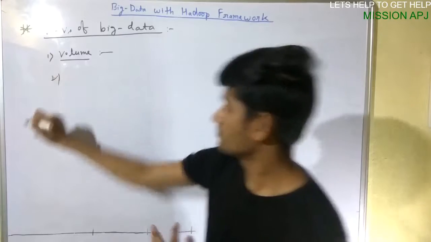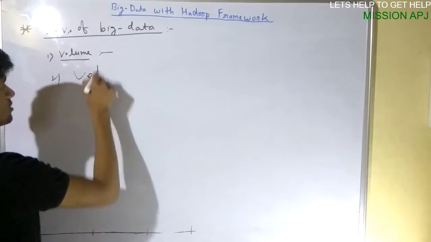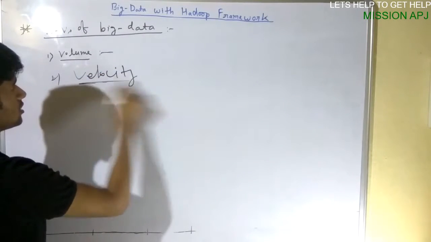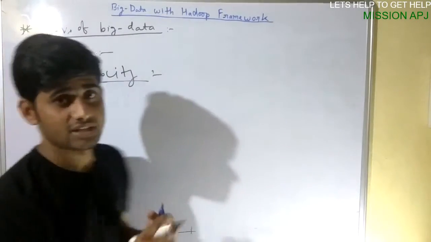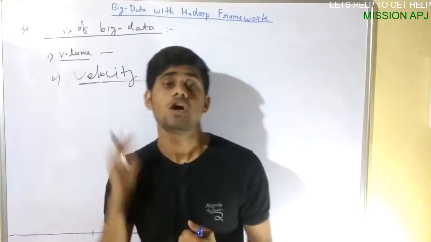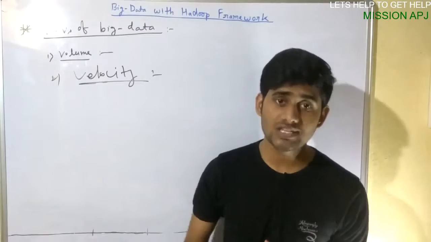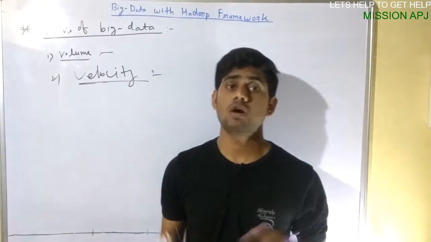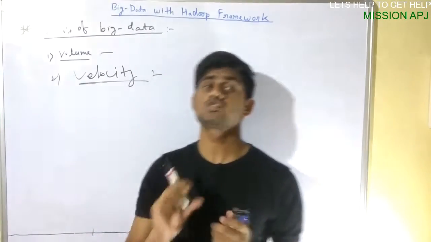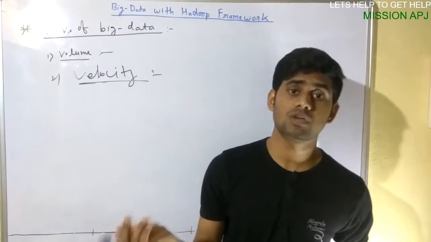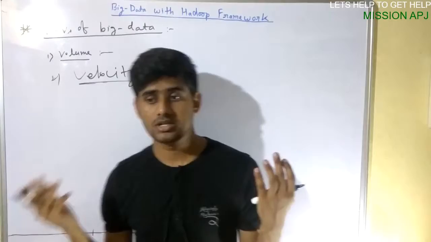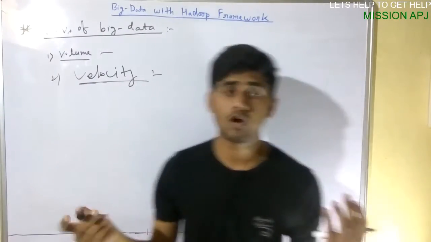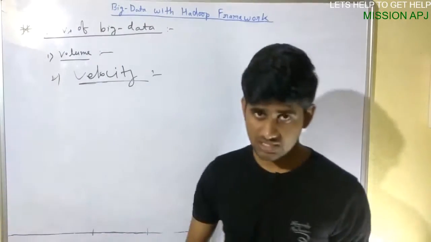Now another V is velocity. That's the second V of big data. What is the second V? That's velocity. Velocity is nothing but the velocity with which data is being produced. This much data has been produced in a short period of time, like just in 10 minutes 5 TB, 5 billion GBs of data has been generated.